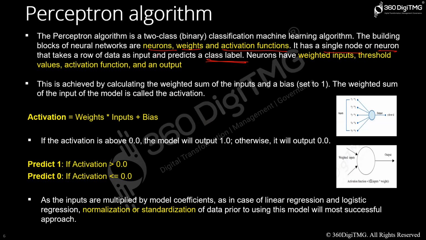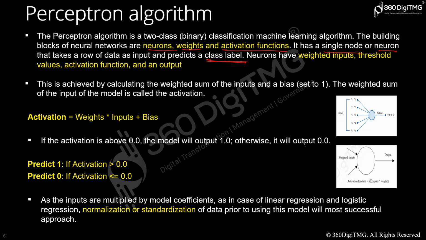So here, the perceptron algorithm is a two-class classification machine learning algorithm. The building blocks of neural networks are mostly neurons, weights, and activation function.